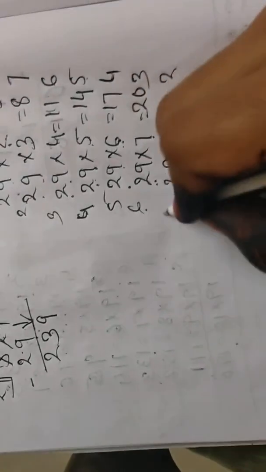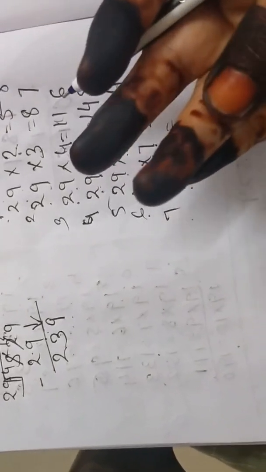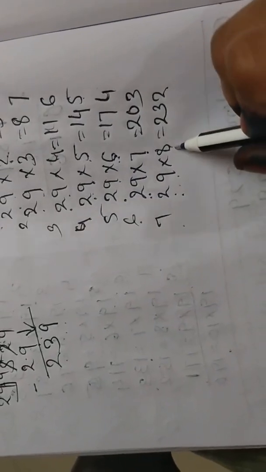Write here 2. 7 is a carry over. 8 2s are 16. 16 plus 7 is 23. Write here 23. So 29 8s are 232.